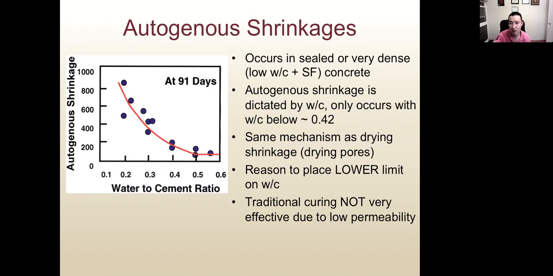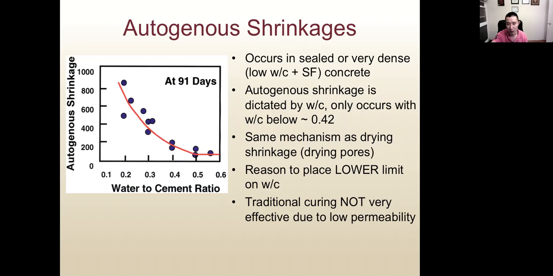The mechanism of autogeneous shrinkage is actually the same as dry shrinkage. That is drying of the capillary pores. But dry shrinkage dries the pores when the water goes to the air, while autogeneous shrinkage dries the pores due to self-desiccation or hydration of cement compounds.